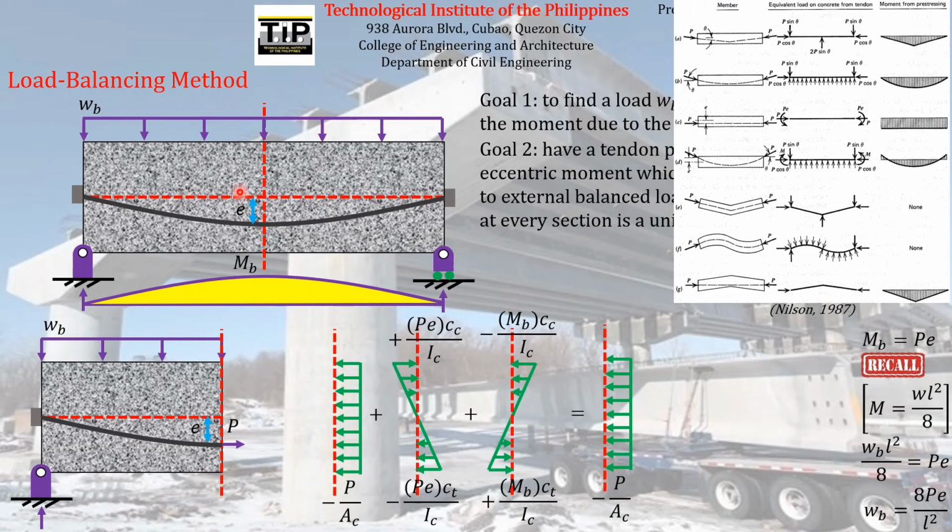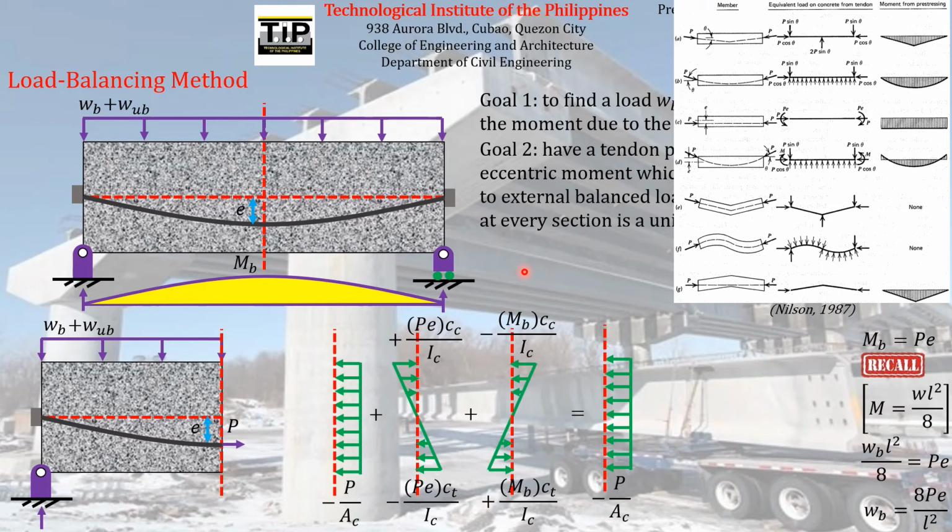So let us just call that remaining load that will be carried by this concrete element equal to W sub UB, the unbalanced load. So again, that unbalanced load is the remaining portion of the total service loads that will be carried by this concrete element, since we are already in service load condition.